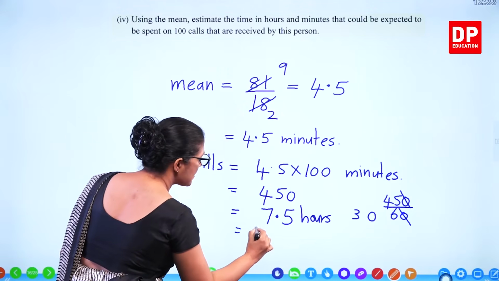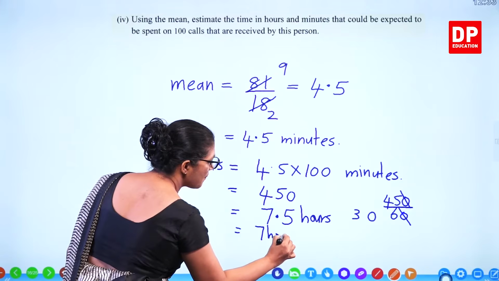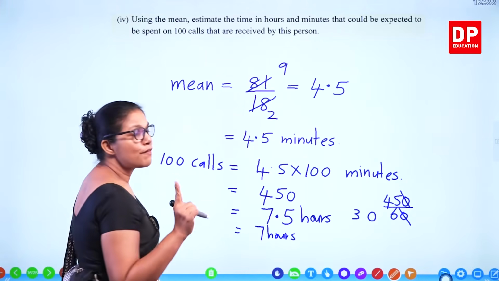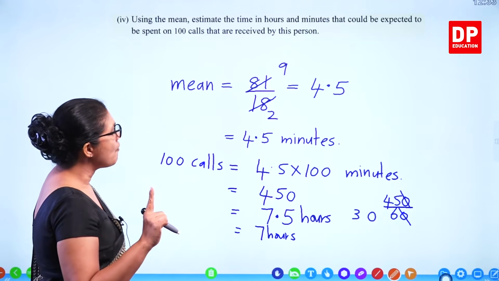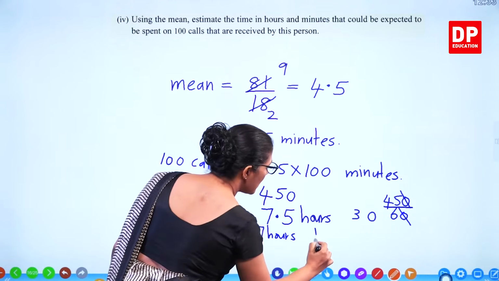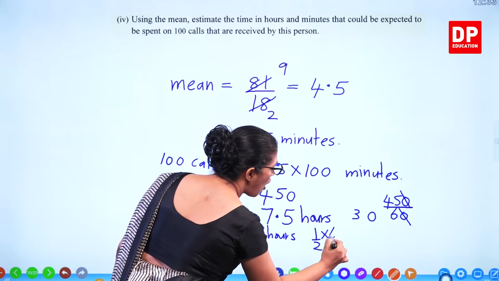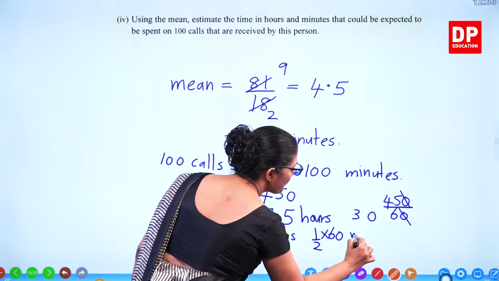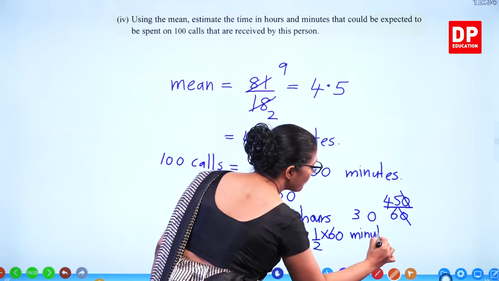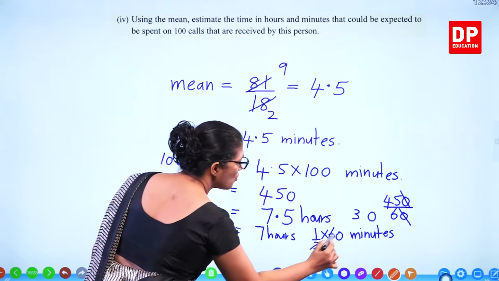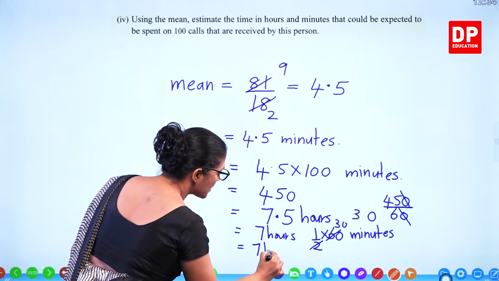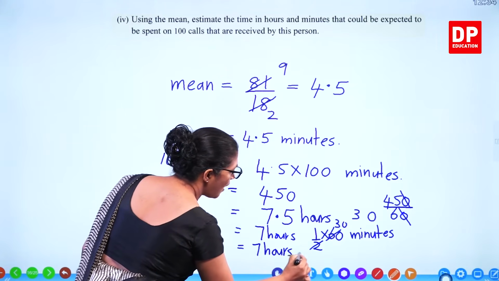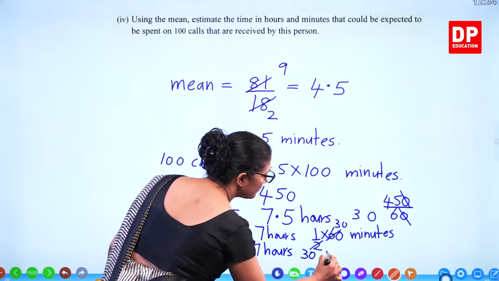So we can write 7 hours, and here 0.5 means half of an hour. Half times 60, you can find out how many minutes are there. So you get 30 minutes. So 7 hours and 30 minutes.